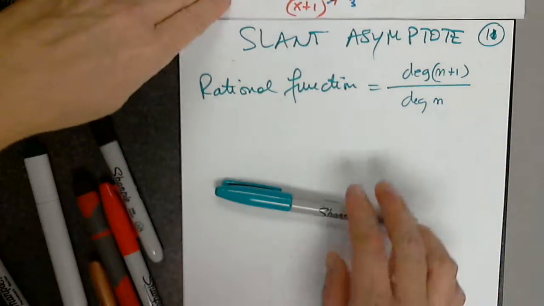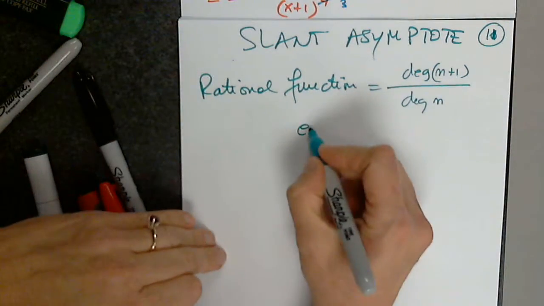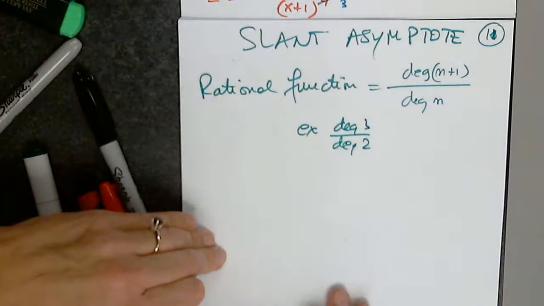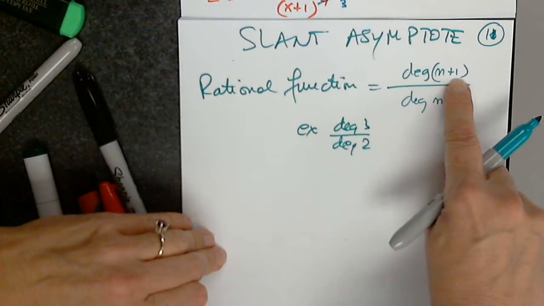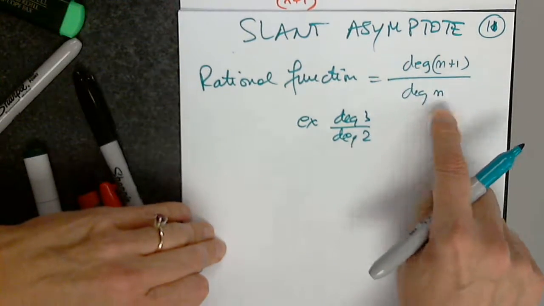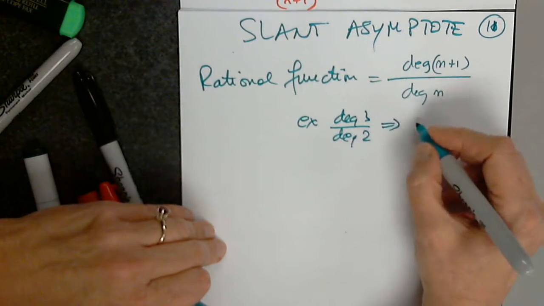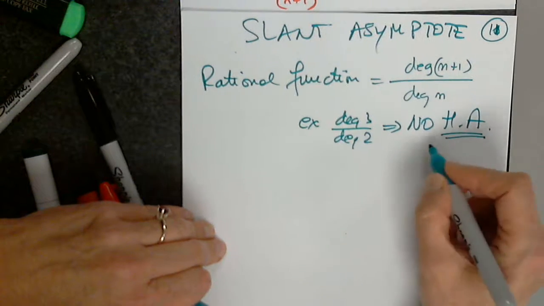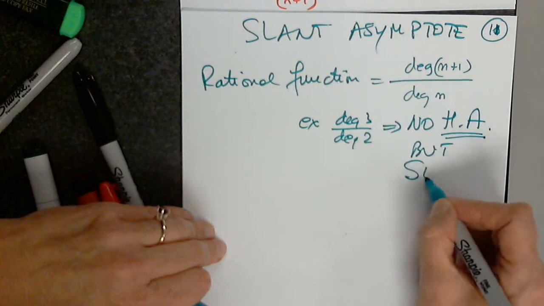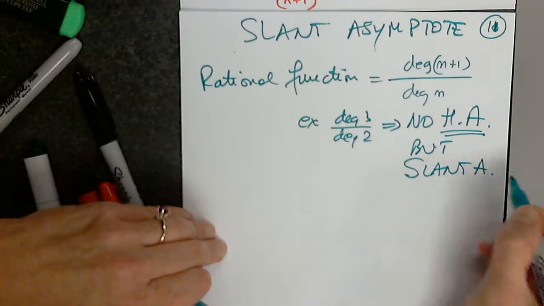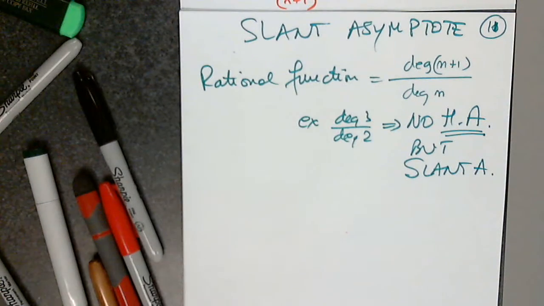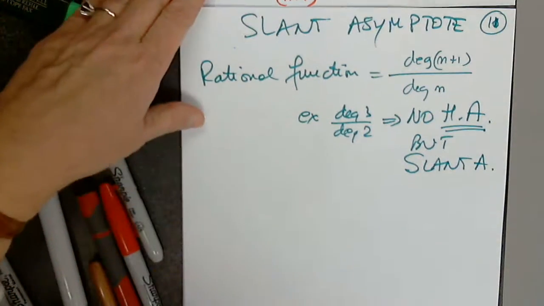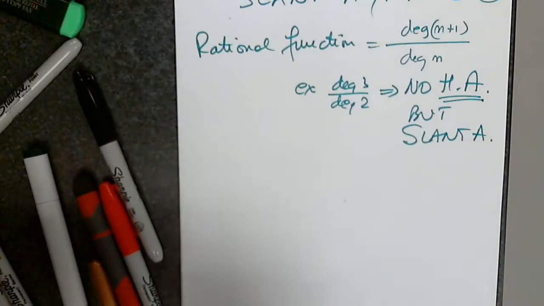So again, as an example, degree 3 over degree 2. 1 more than the degree of the denominator. This always results in no horizontal asymptote ever, but a slant asymptote. Now I have to find the slant asymptote.